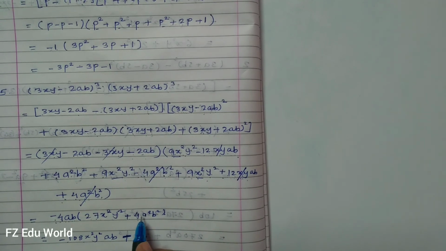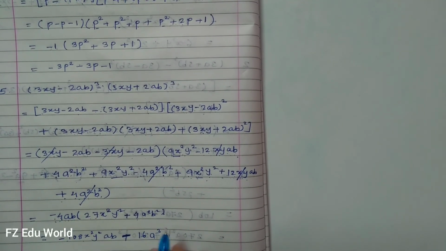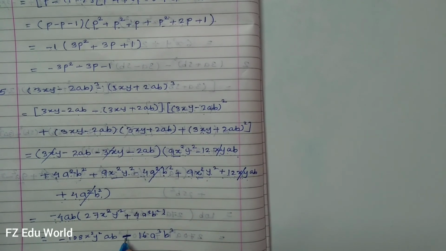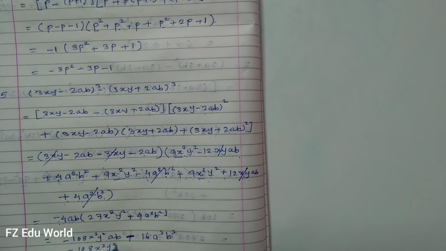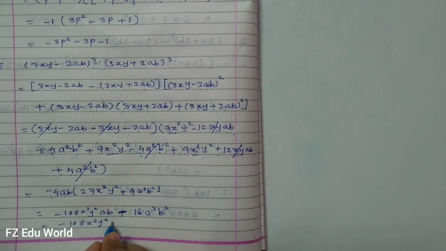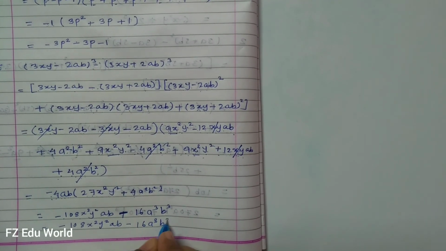A multiplied by a square, that is a cube. B multiplied by b square, that is b cube. So our answer is minus 108x square y square ab minus 16a cube b cube.